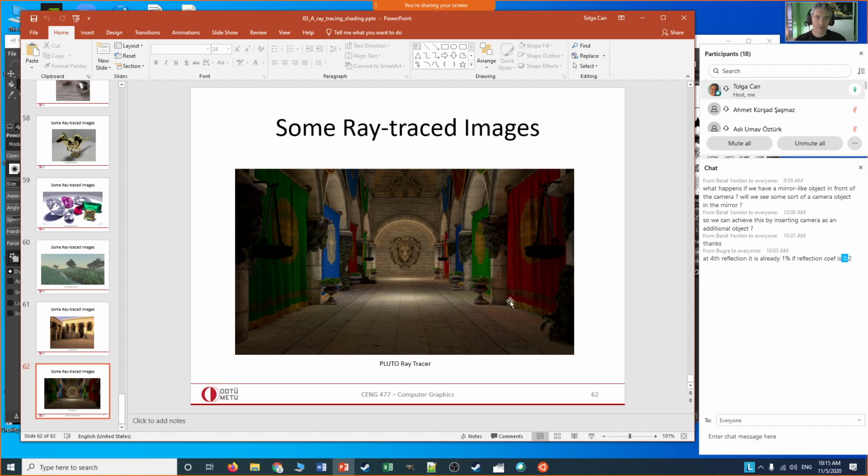All right, any questions about this part before I move on to a new topic, which we are not responsible for in the assignment, but you may use some of the ideas in that new topic if you want to get the bonus part of the assignment. In order to get the bonus part, if I'm not mistaken, some of the fastest ray tracers are going to receive some bonus points.